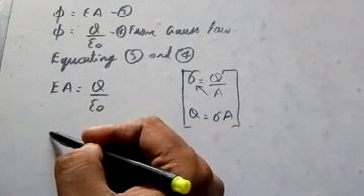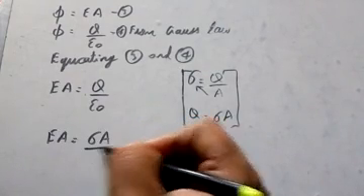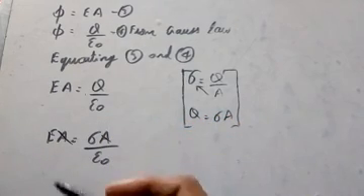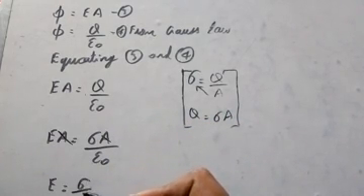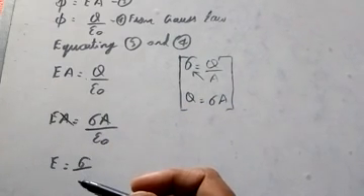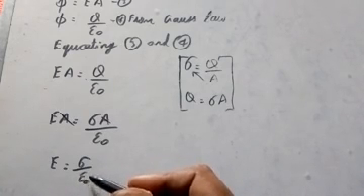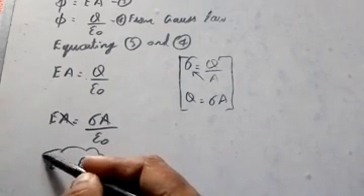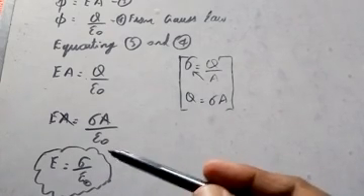So we have EA is equal to sigma into A by epsilon naught. So A and A will cancel, and then we have the electric field E is equal to sigma by epsilon naught. So this gives us the electric field at a point on the surface. E is equal to sigma by epsilon naught.